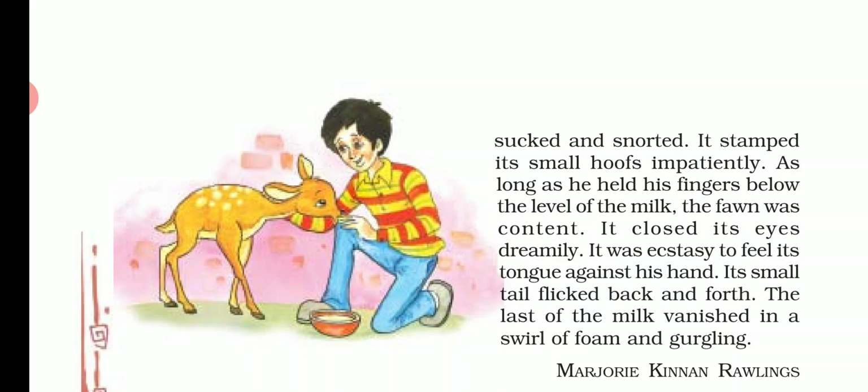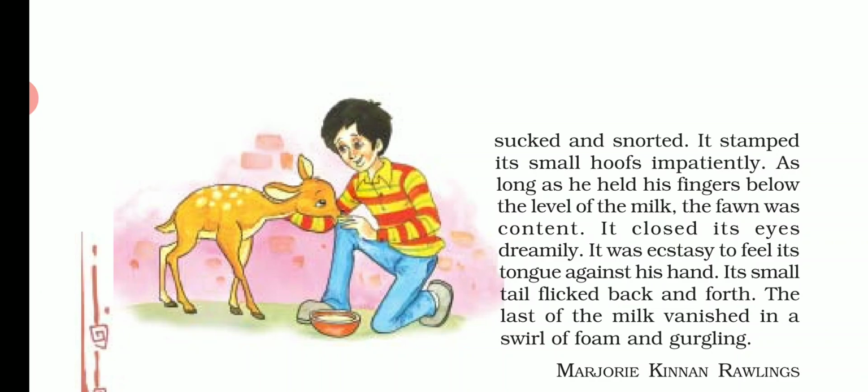A question may come: how can you say Jody's Fawn is a story that reflects humanity towards animals? Then you have to narrate the story in a very short and specific way.